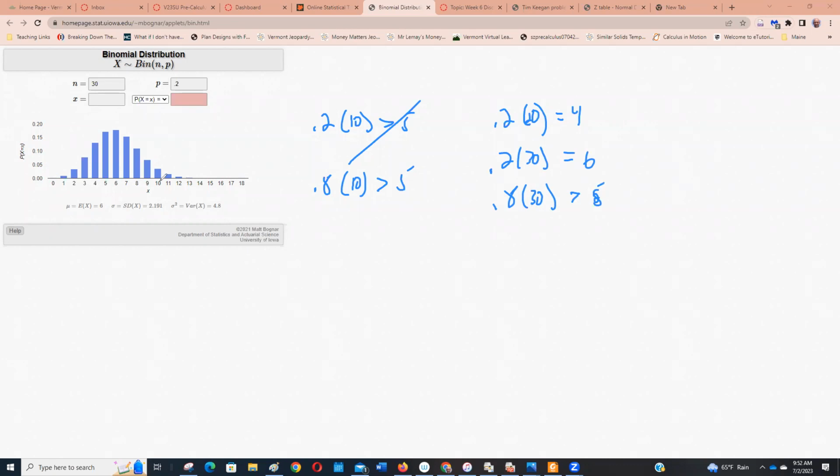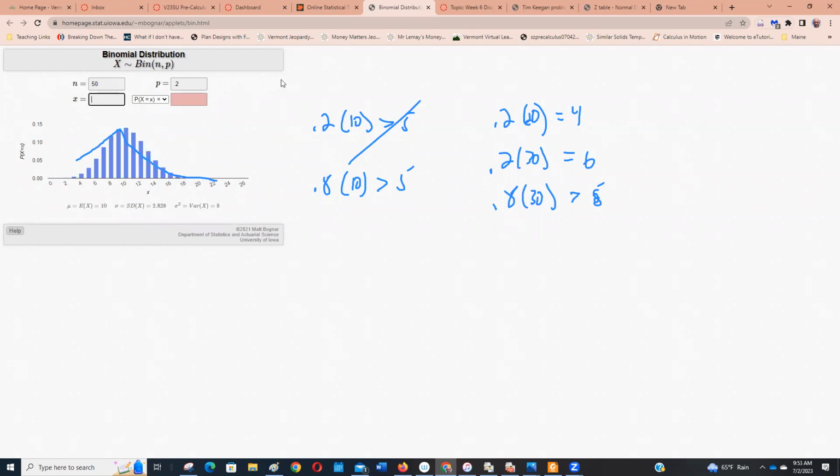Now, what about MyOpenMath's 10? Well, could I convince you this does look a little right skewed? So if we use MyOpenMath's 10, with 20%, what would n have to be? Won't that have to be 50?